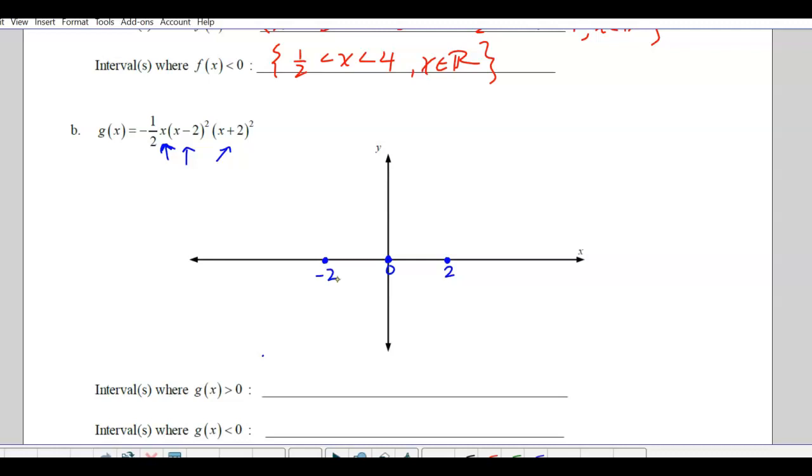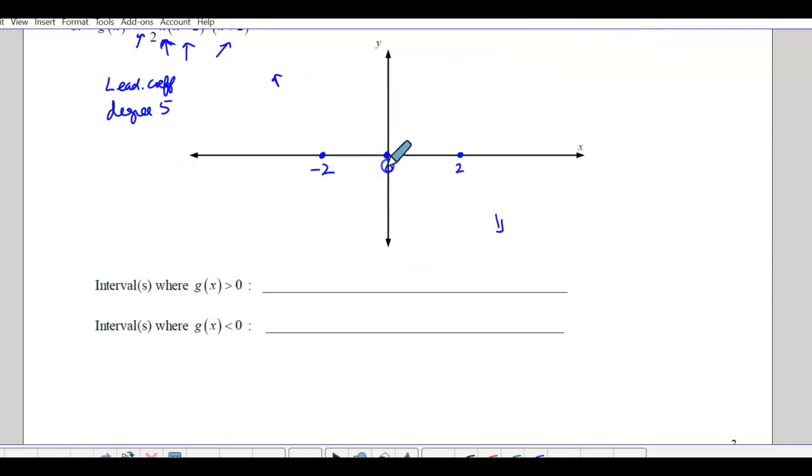Multiplicities. So this is going to go straight through. Then the multiplicity at 2 is 2, so it's going to be U-shaped. So it's going to go up, down, straight through, U-shaped again, and there's your polynomial function.